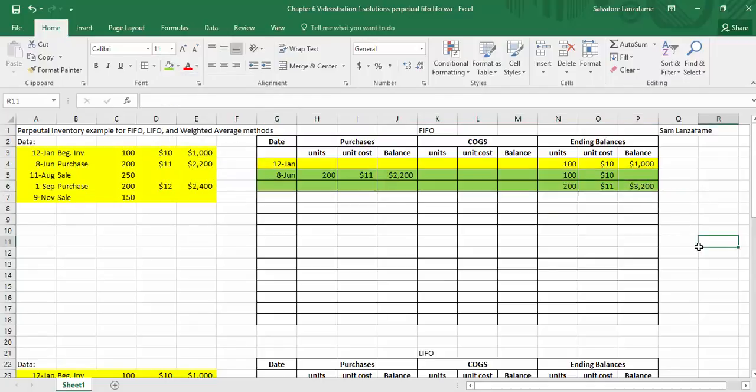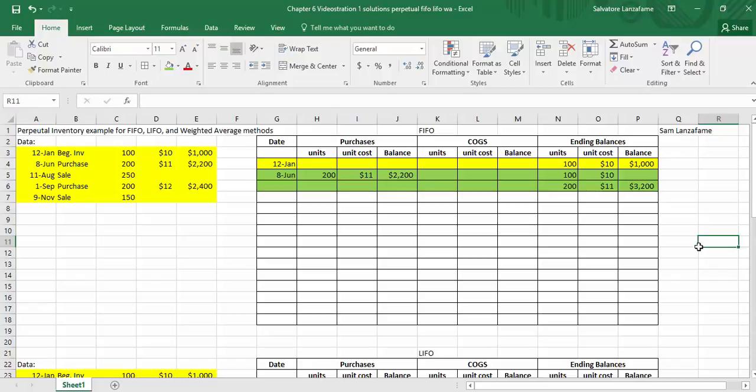So basically what I've just shown you is that on January 12th, we had 100 units at $10 for $1,000. On June 8th, the inventory balance now consists of those same 100 at 10, but now an additional 200 at 11. So I have to constantly show on every single date exactly what I have in inventory. You might be thinking, why did I bother writing the 100 at 10 when I already had it?